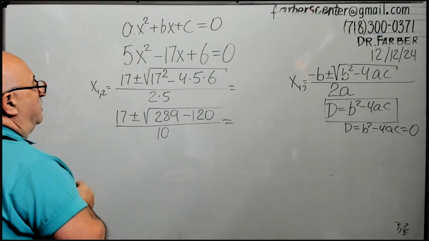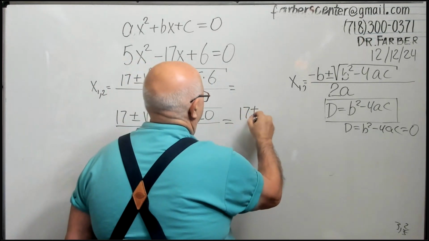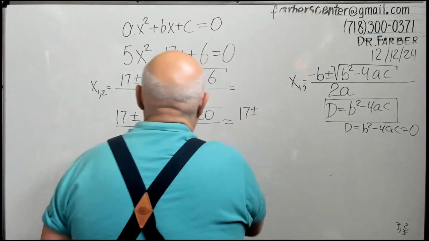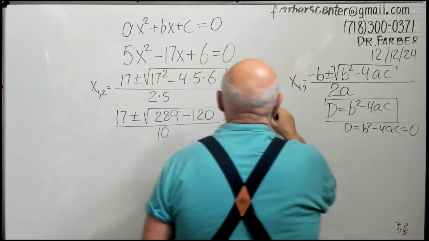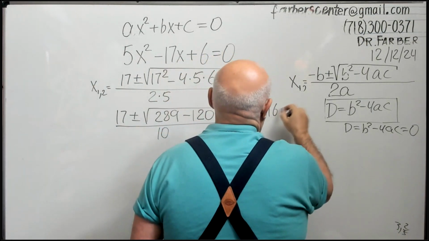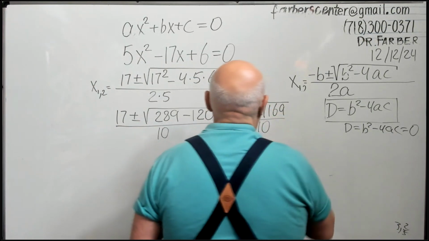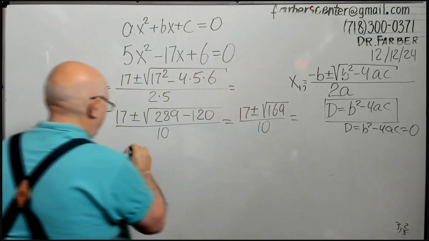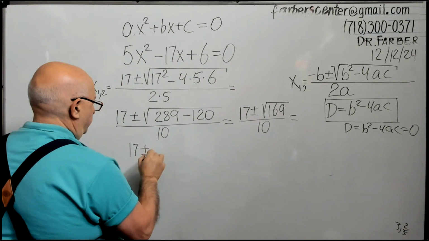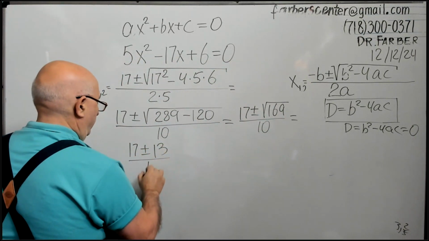Any questions so far? 17 plus minus square root of 169, divided by 10, equals 17 plus minus 13, divided by 10.